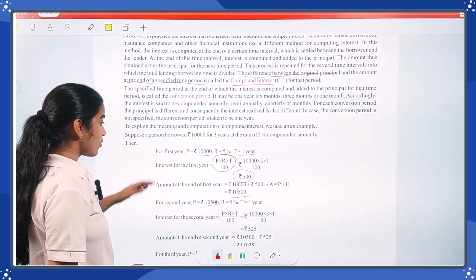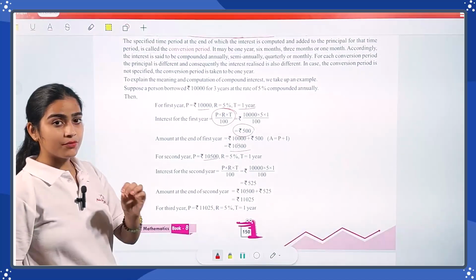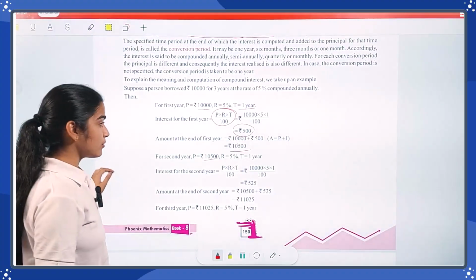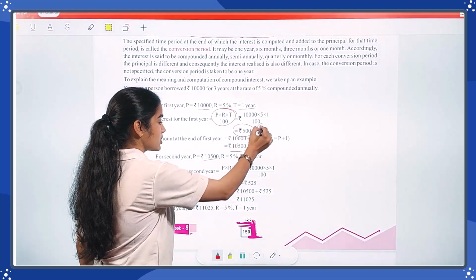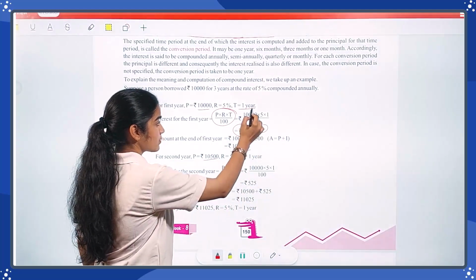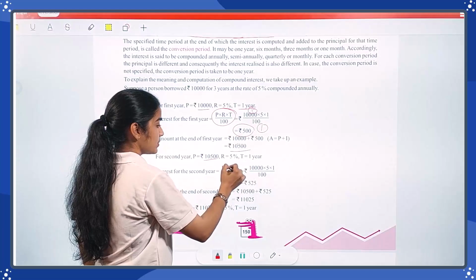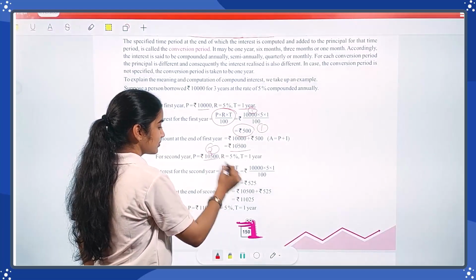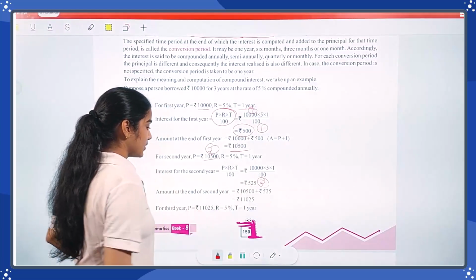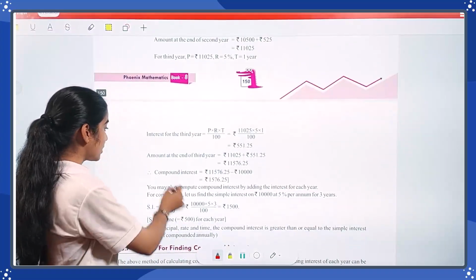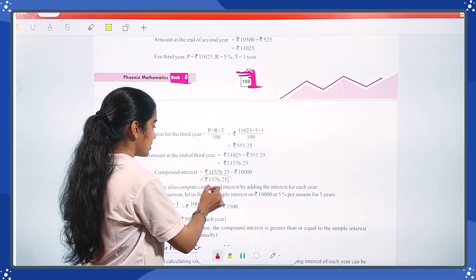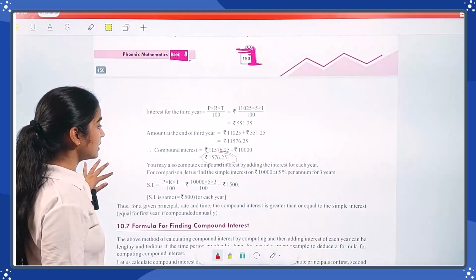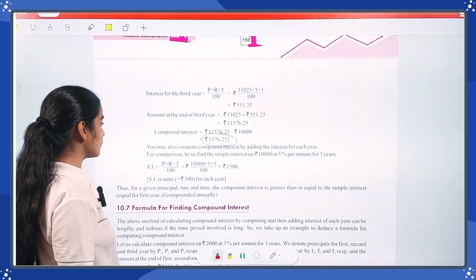It means for 5 years you have 5 different principals which you have to calculate. So this is your first interest, then this is your first principal, second principal, second interest, and so on. At the end of the time, the compound interest is 1576.25.